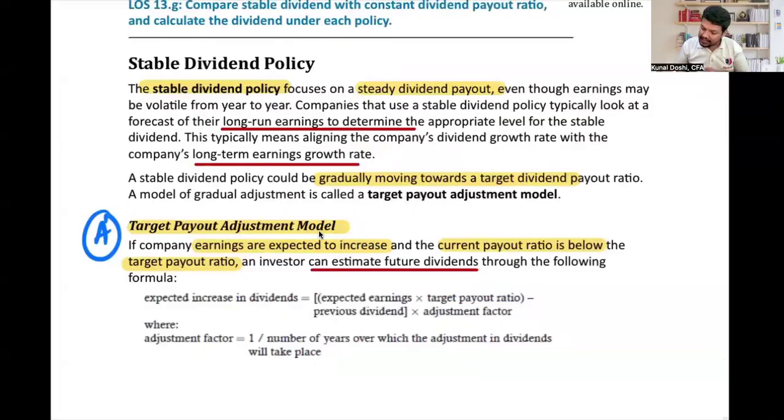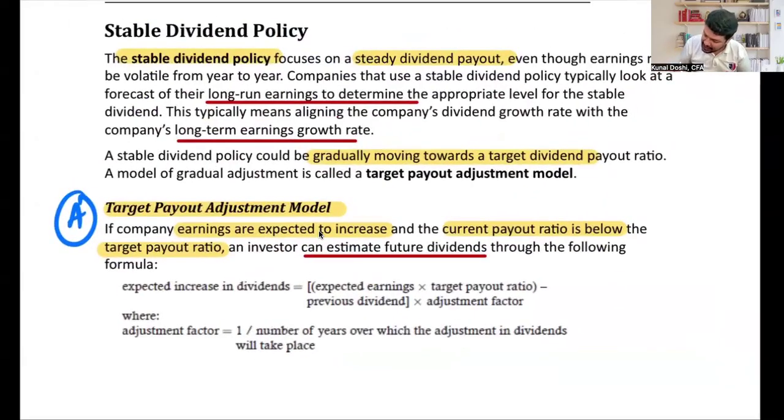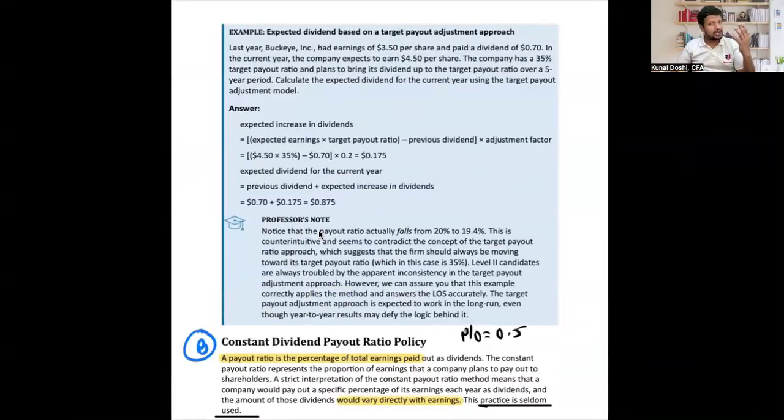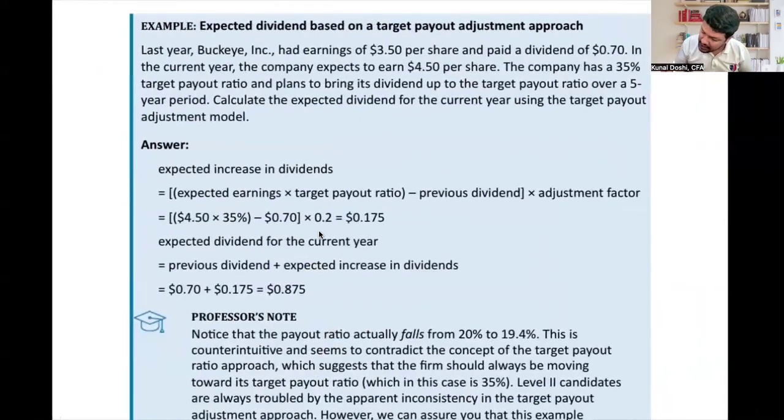So first of all, check here. What is my expected increase in dividends and what is the adjustment factor? Let me do that without the formula and explain it to you. Last year, the company had earnings of 3.5 per share and paid a dividend of 0.7. So what was my original payout ratio? My current payout ratio is my dividend 0.7 divided by 3.5, which is 20% or 0.2.